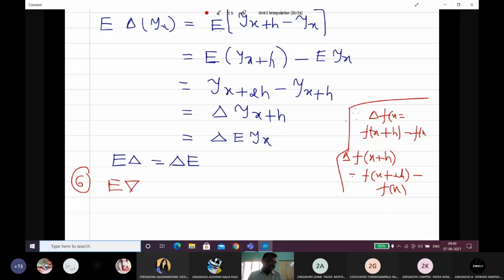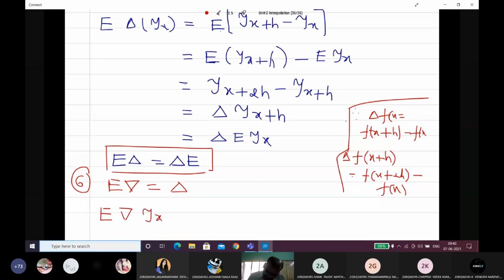E of del of y x, that is E times del of y x, is equal to y x minus h.